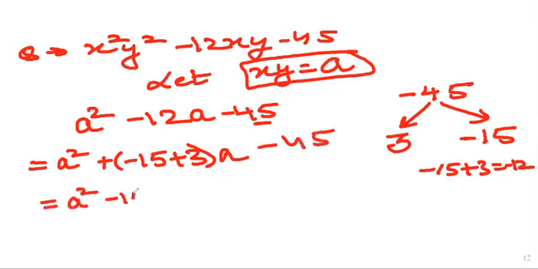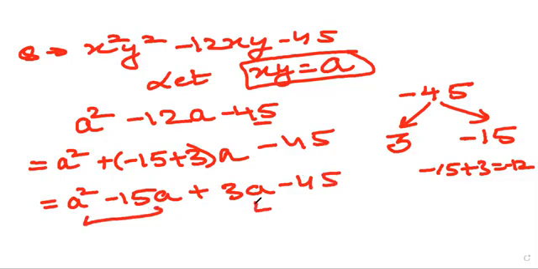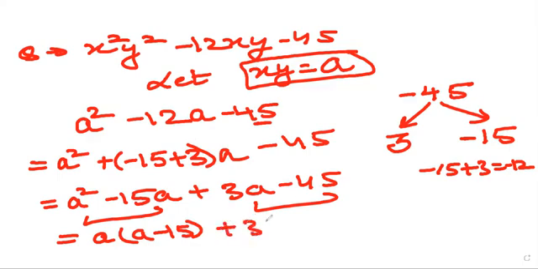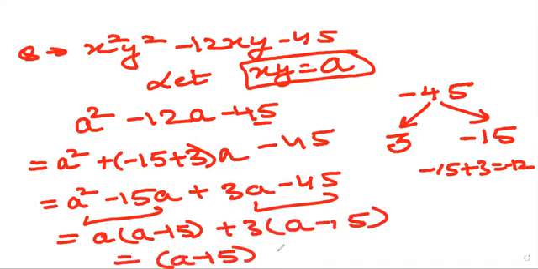Now children, open it. a square minus 15a plus 3a minus 45, and take out the common from the first two and the last two. That is a times a minus 15 plus 3 times a minus 15. So now again a minus 15 is common and inside it will remain a plus 3.